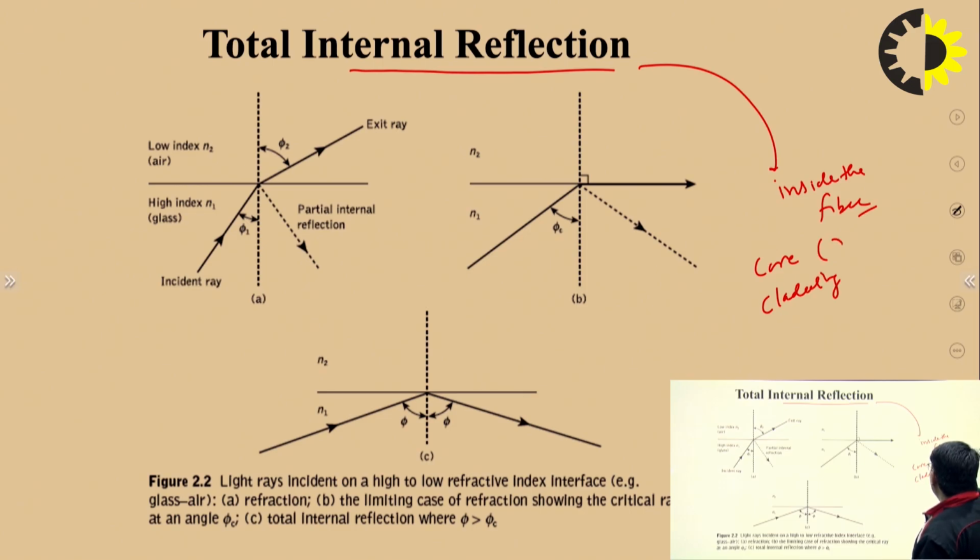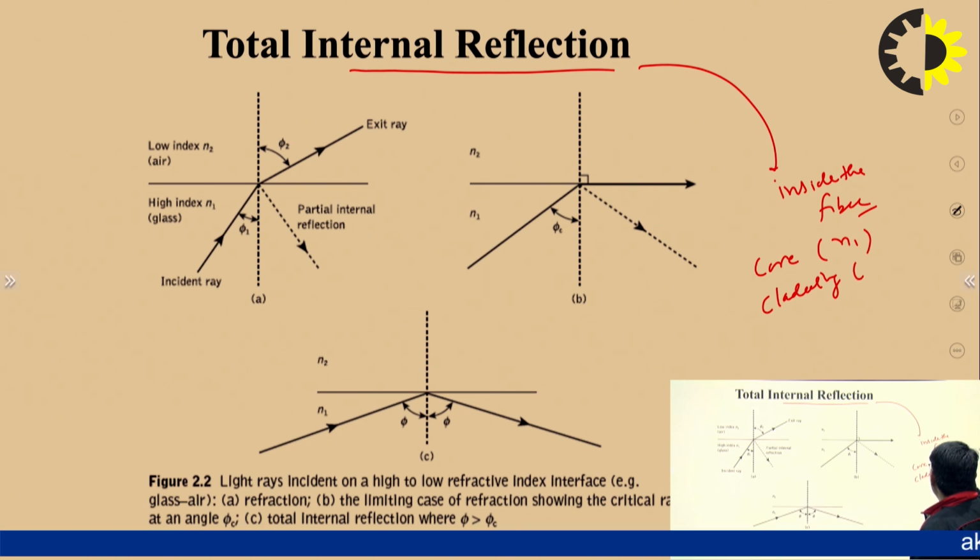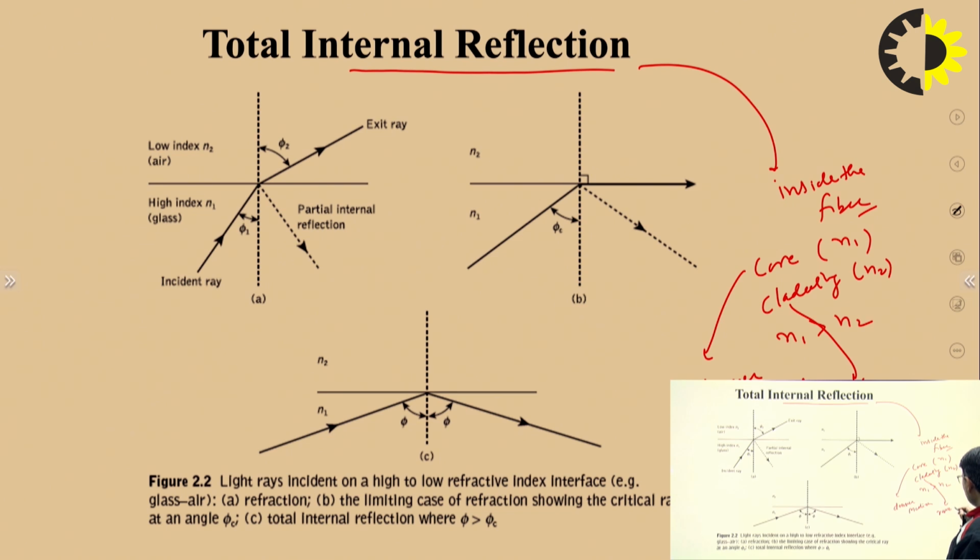Core has a refractive index of N1 and cladding has a refractive index of N2, and we ensure that the refractive index of core is greater than that of cladding. So if the refractive index of core is more, we can say that this is a denser medium, and the cladding refractive index is low, so we can say that this is a rare medium.